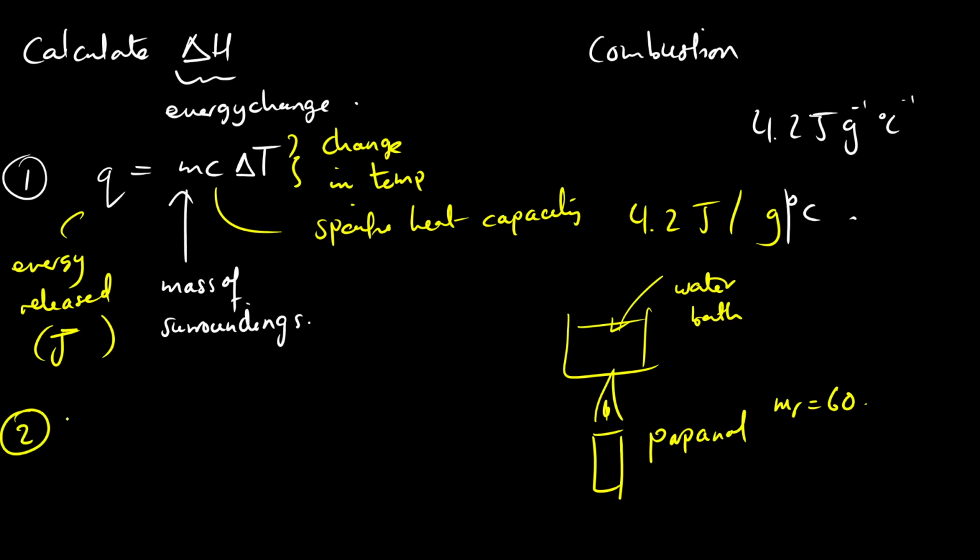The second thing you'd do to work out the enthalpy change is enthalpy change equals the energy, which was Q, over the moles reacted. And this is when you concern propanol, okay? So how do you calculate moles? How do you make this calculation?